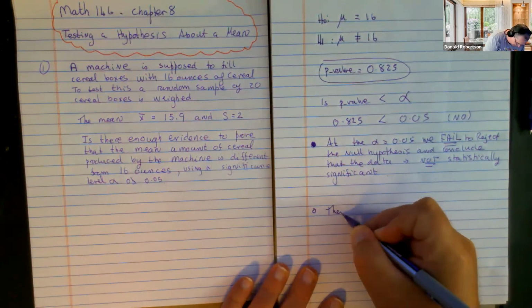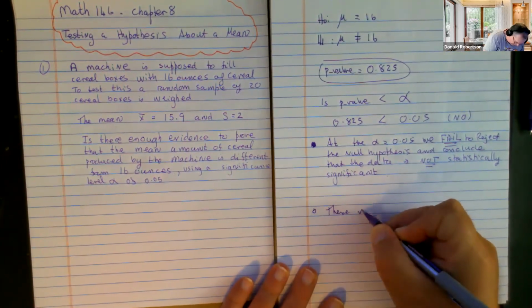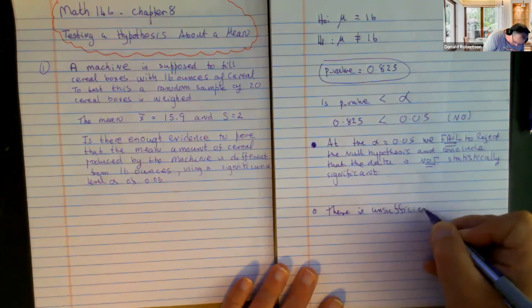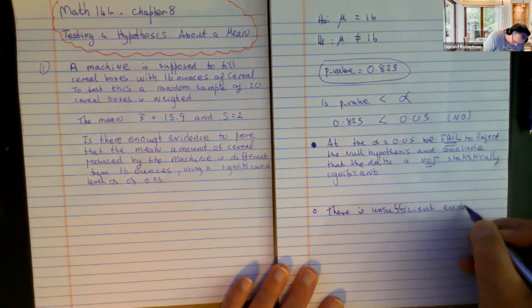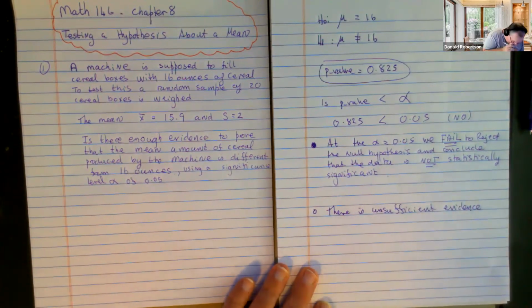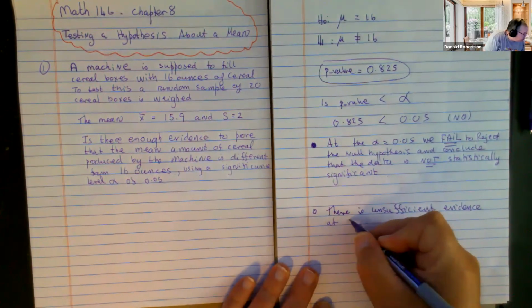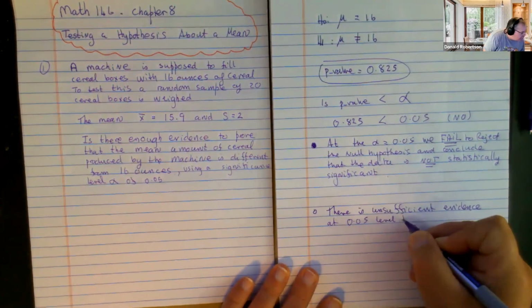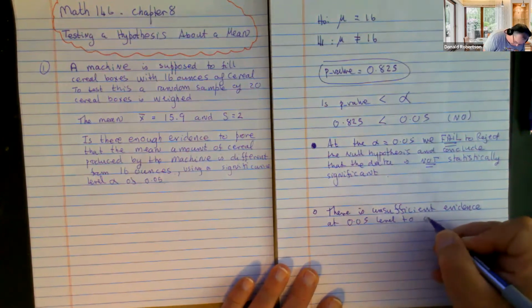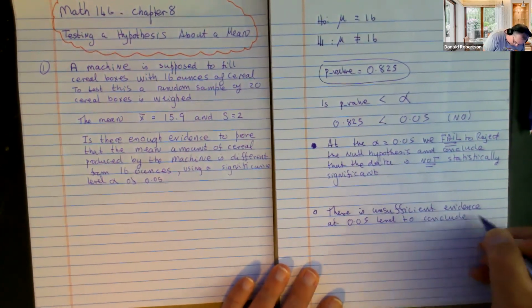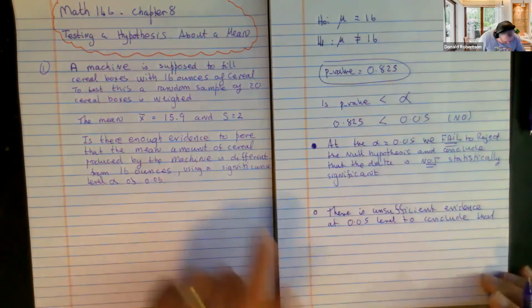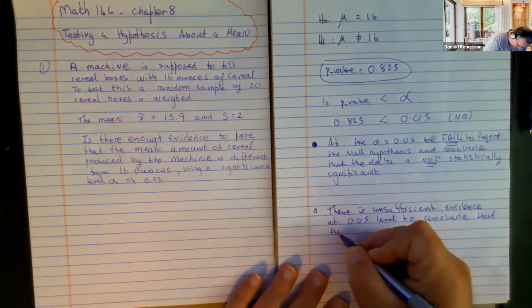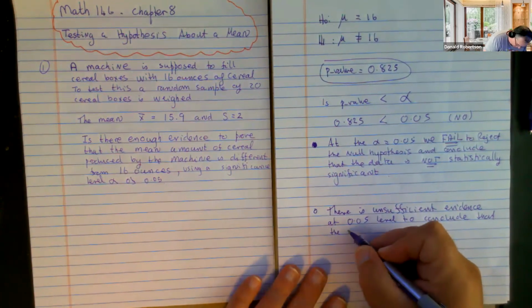The one they typically use for this is, there is insufficient evidence at, in this case, the 0.05 level, to conclude that, well, whatever we're trying to prove here, in this case, that the means are different.